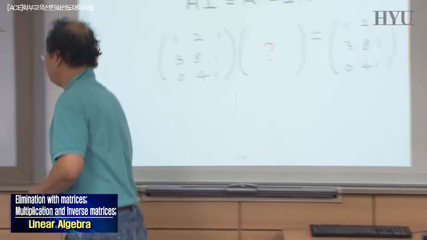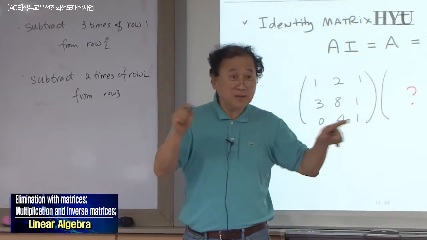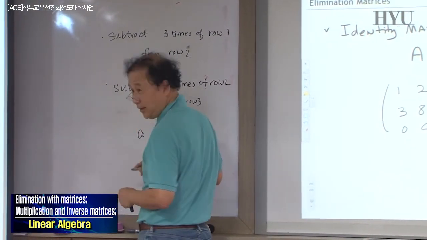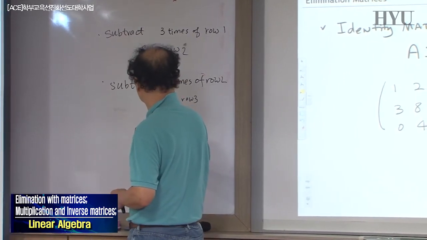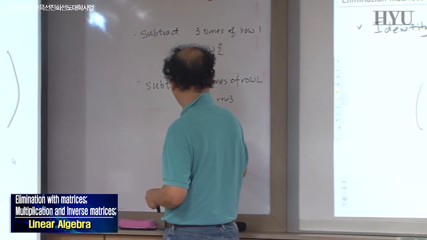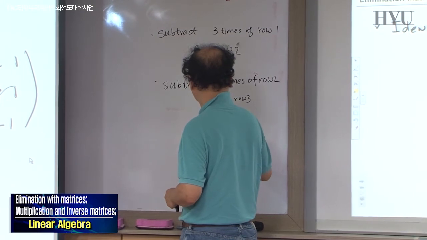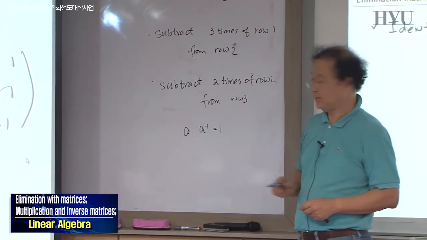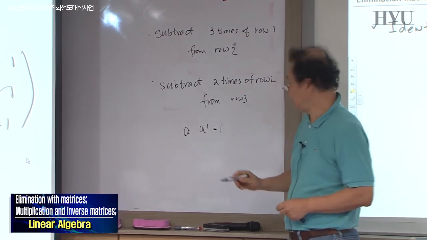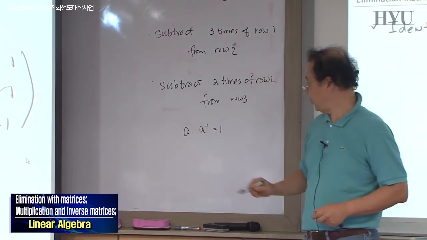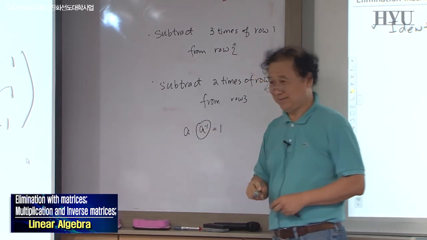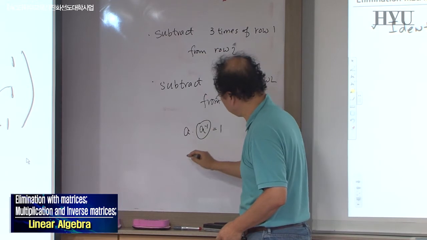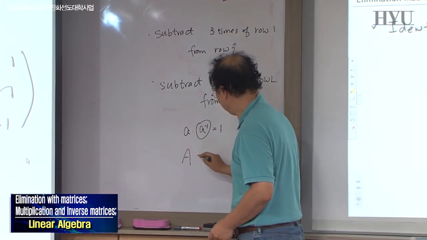We know the scalar operation, right? A times this one, this is the unit, and A times its inverse gives the unit. In matrices, you may say I can do the same thing.